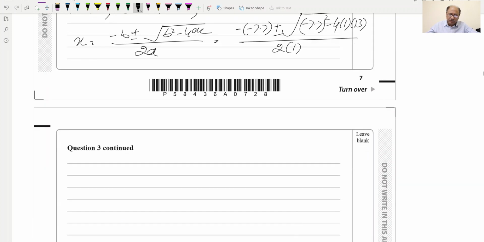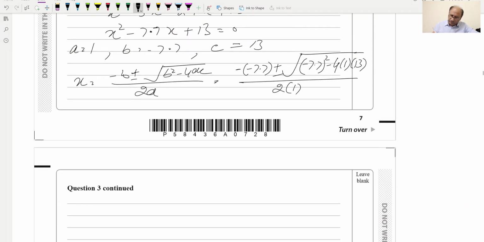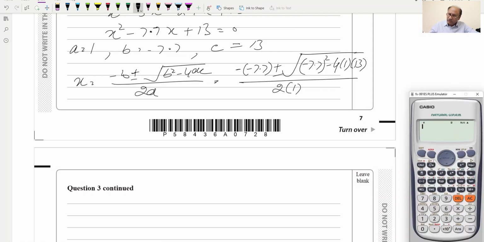Now we can find the values. We can take the plus sign first, so we will be simplifying the fraction. This will be minus into minus 7.7, and I'm taking the plus sign first, then I'll take the negative sign also, so it will be minus 7.7 squared minus 4 into 13, over 2, and this will be equal to 5.2.